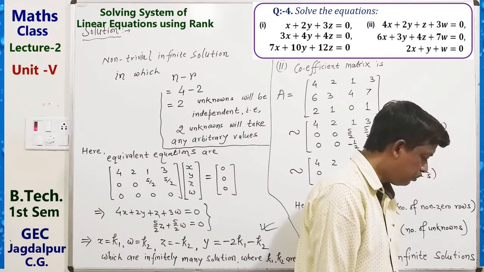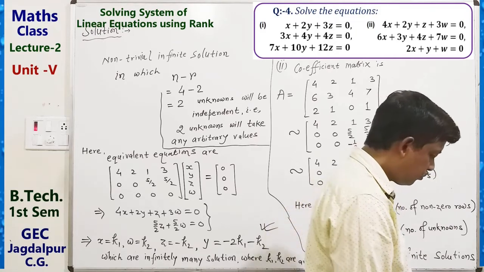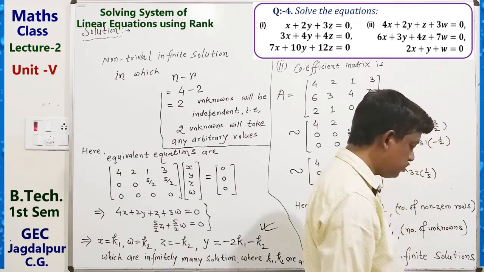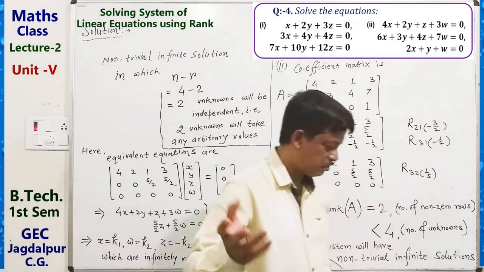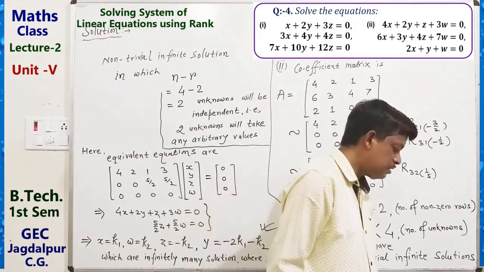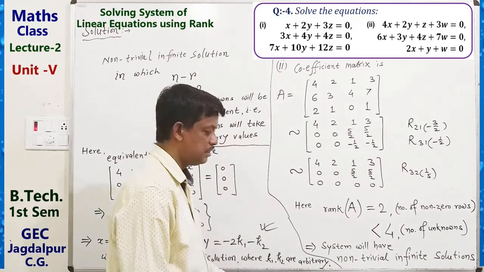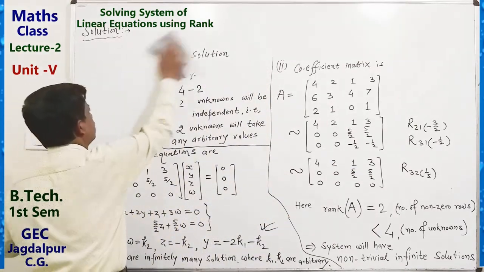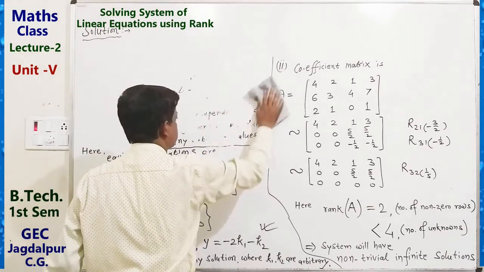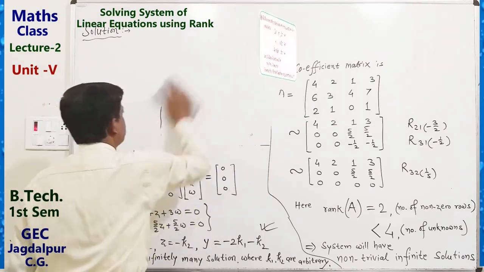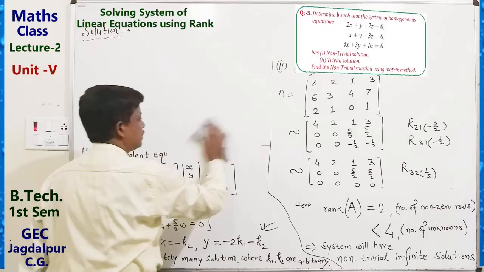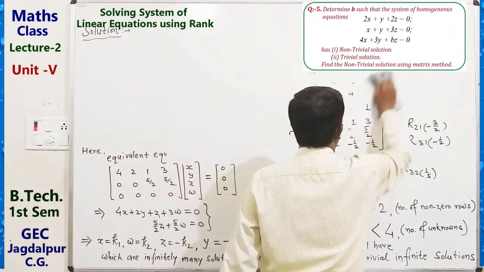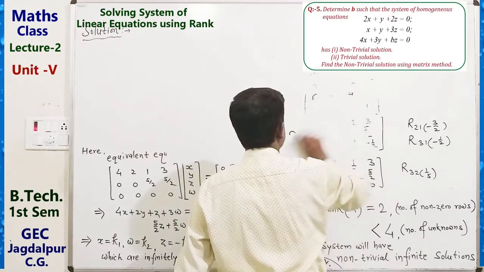Determine the value of b such that the system of homogeneous equations has non-trivial solution. Find the non-trivial solution by matrix method and trivial solution. In this question, in the equation there is given a constant b.